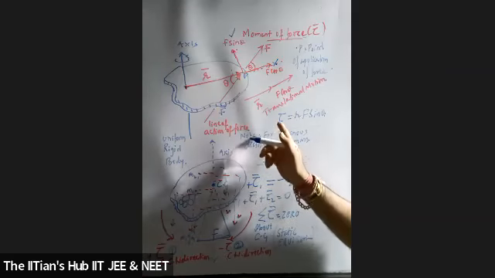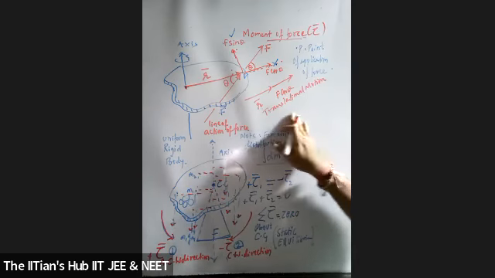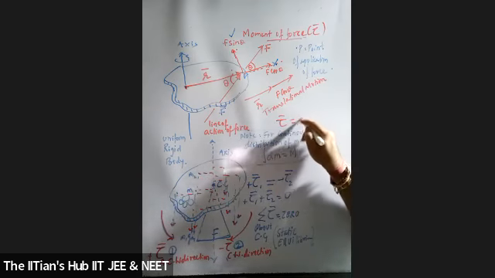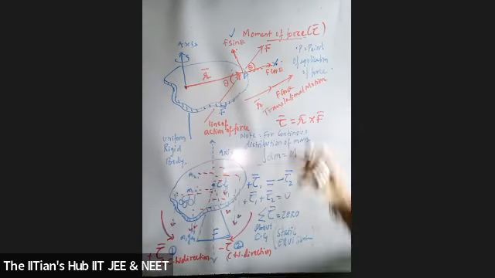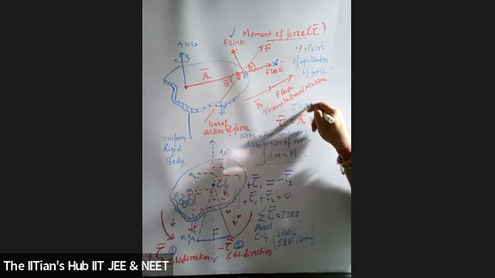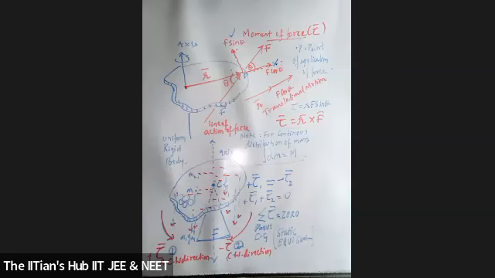So what is the way to write torque as r F sin theta? What is the correct way of putting it in vector notation? The correct way of writing would be torque is equal to r cross F. Because for rotational motion we consider torque equal to r F sin theta. Are you getting?